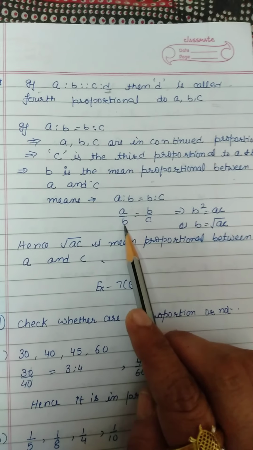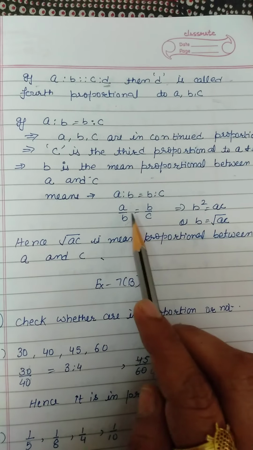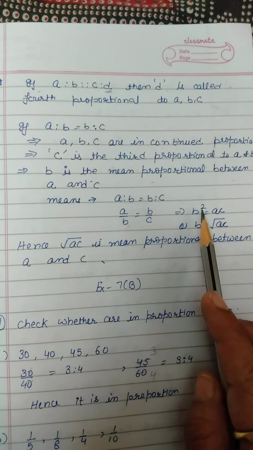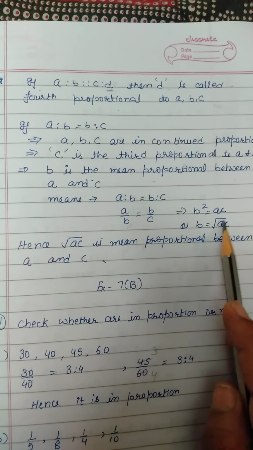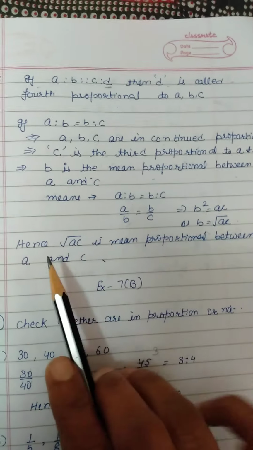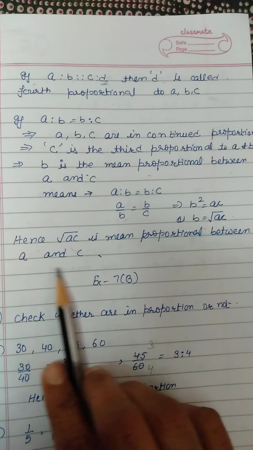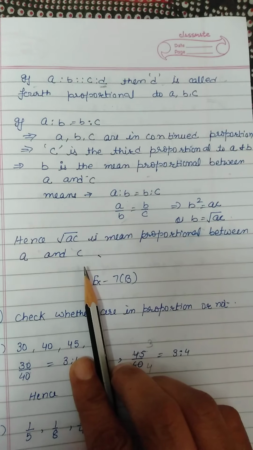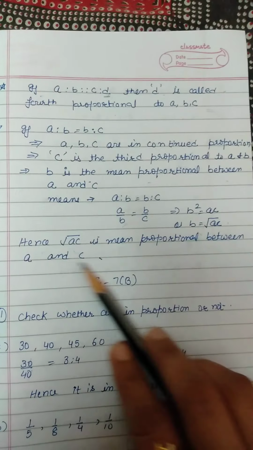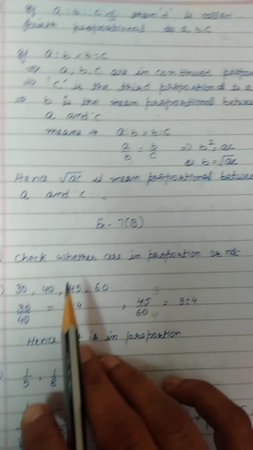We can write A by B, B by C, cross multiply, B square equals A into C. Power 2 is always shifted to the right hand side and it becomes a square root. Hence, root AC is the mean proportional between A and C. You will understand it more with the help of questions.